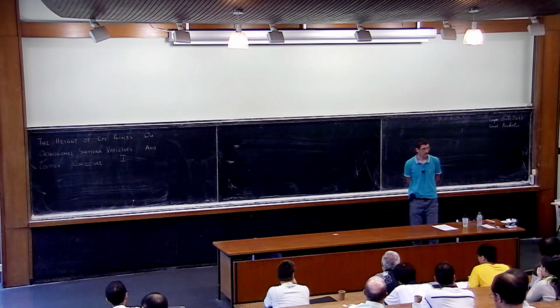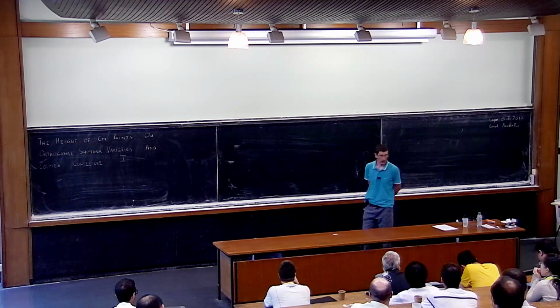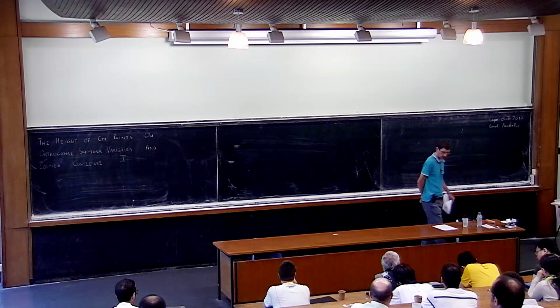So this is the first of 5 lectures of the mini course, The Height of Special Points on Orthogonal Shimura Varieties and Colmez Conjecture.